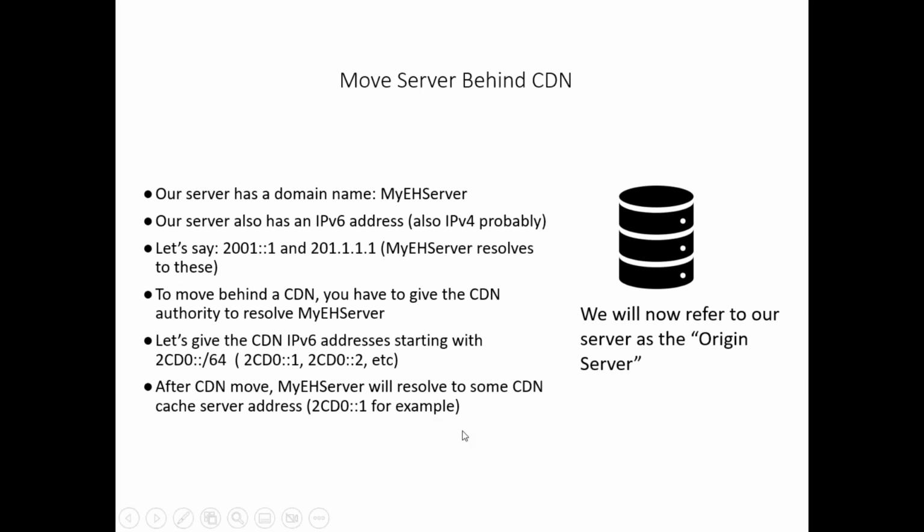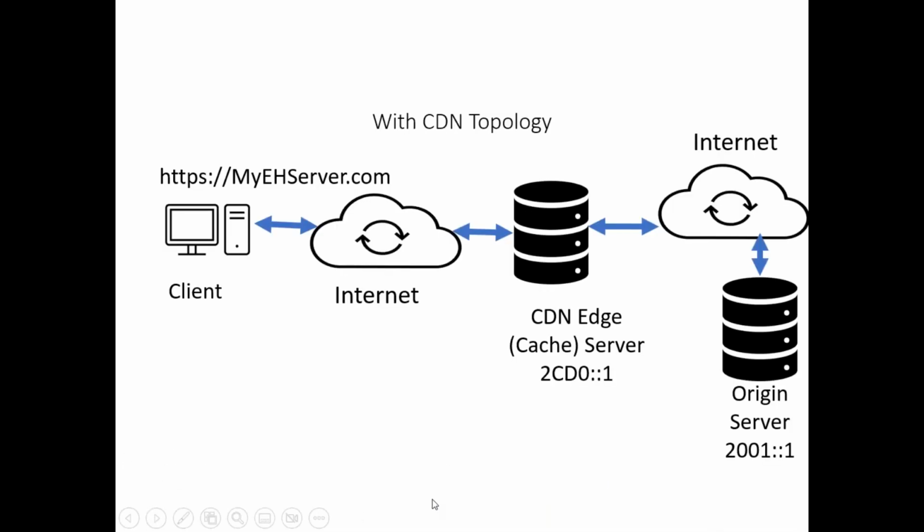We'll talk a bit about CDN topology in a minute. But after that, the CDN will resolve to some kind of CDN cache server, depending, of course, on where you access it from. It'll go to the cache server that's geographically closest to you. And your own server now will be called the origin server. So this is basically what we have.